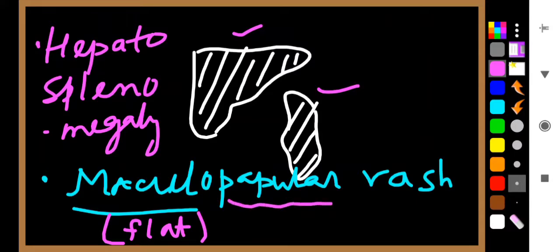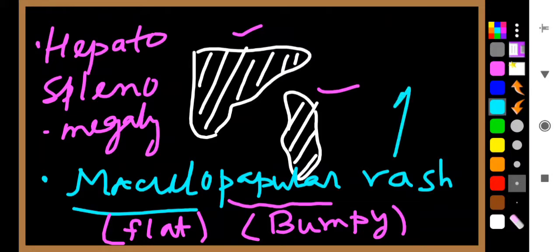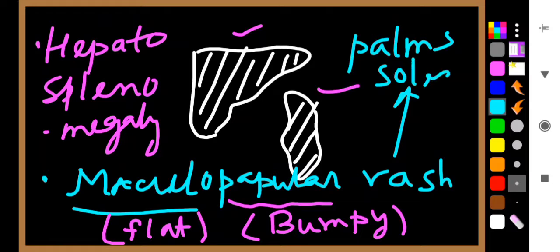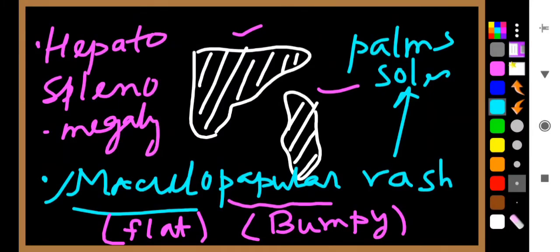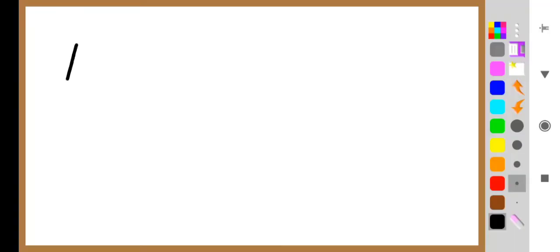Papular means bumpy. So you get a bumpy flat rash. Where are these rashes present? These rashes are present in palms and soles. Next important thing which you get is pneumonia.